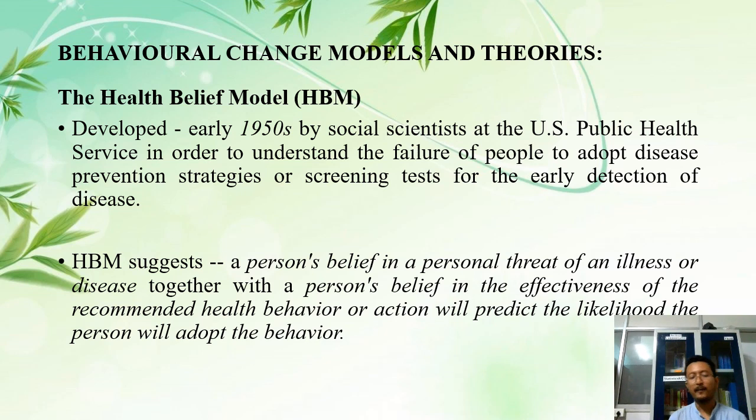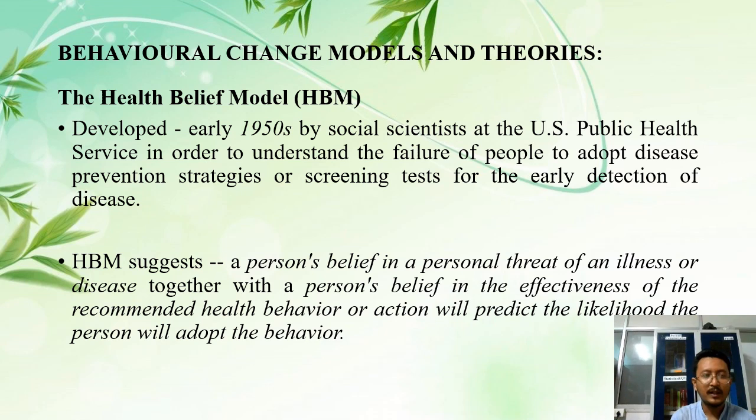So what does this say? It basically talks about two aspects, right? Number one, in order to adopt a particular health behavior, a person must believe in two things. Number one is the belief of a personal threat or illness that the individual or the group is facing, right?